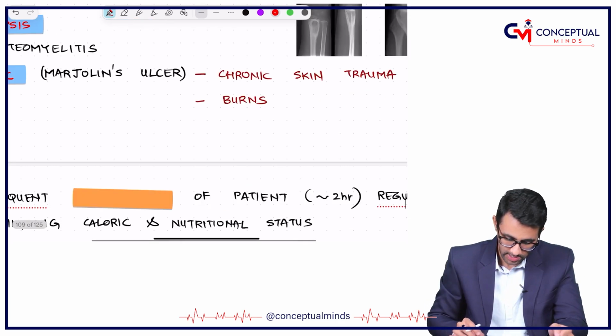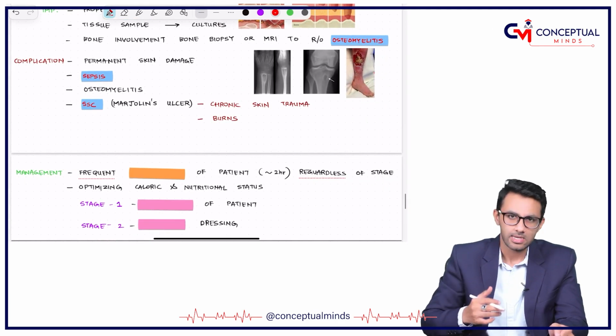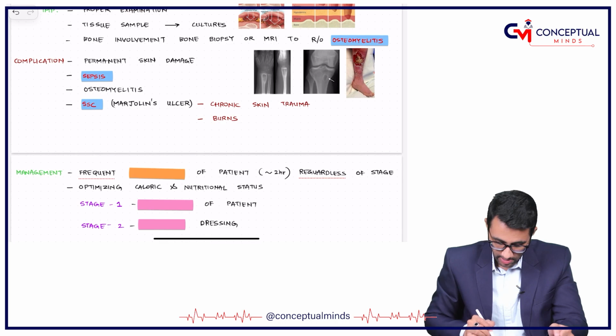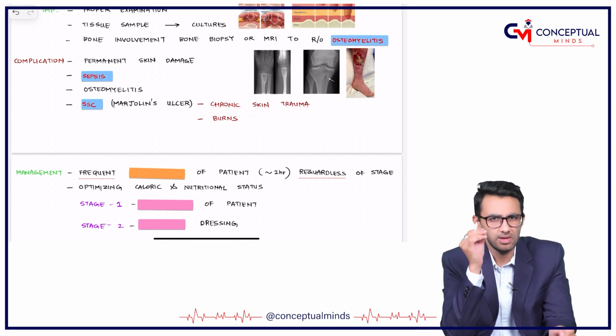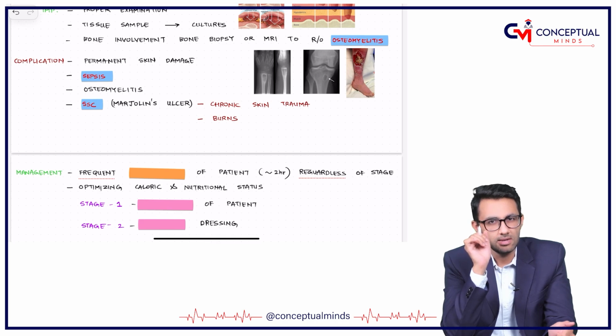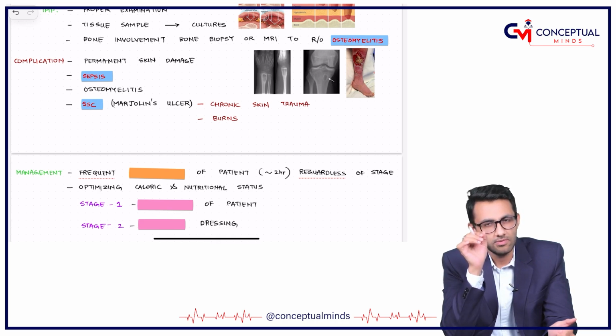What are the reasons that could lead to this? It would be chronic skin trauma. Whenever we read about marginal ulcer, fine, it will be burns. Yes, burns are there, but if you see chronic skin trauma in an MCQ, it is not a wrong option.